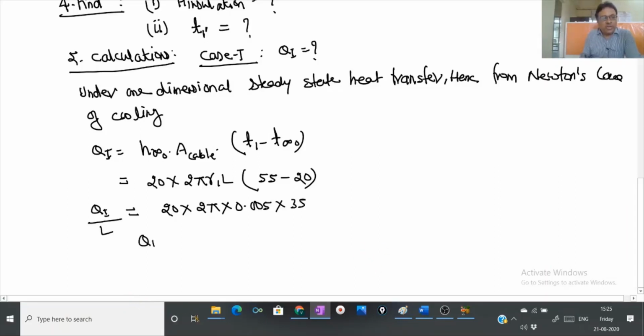So after calculating, heat loss from the electrical cable per unit length comes out 21.99 watt per meter.